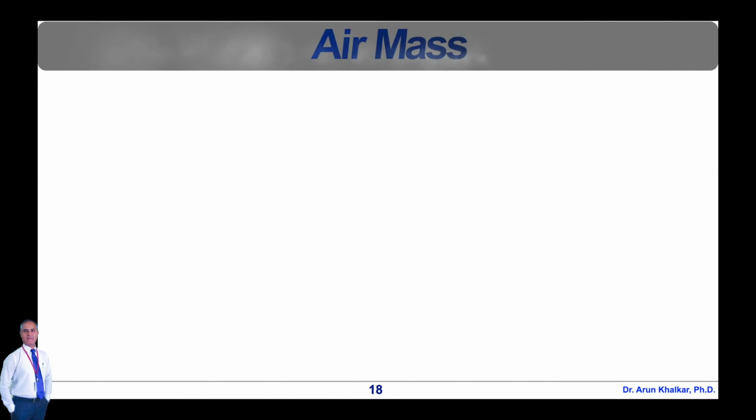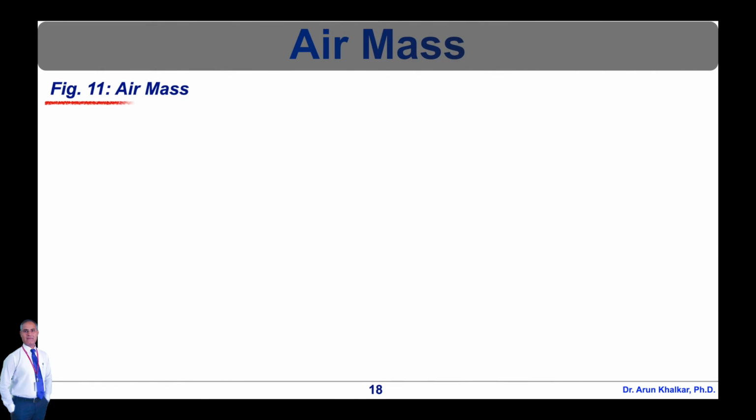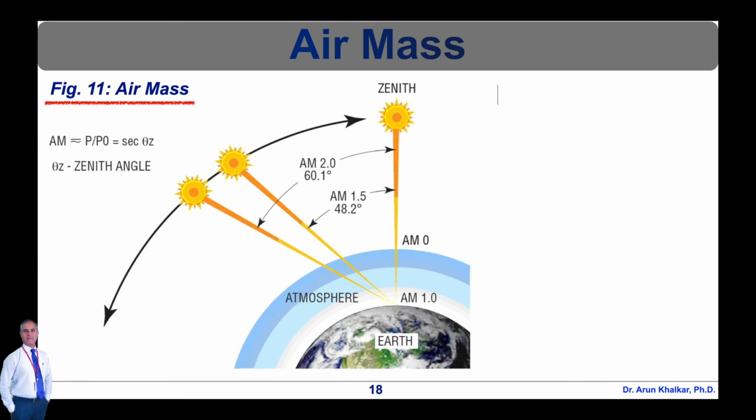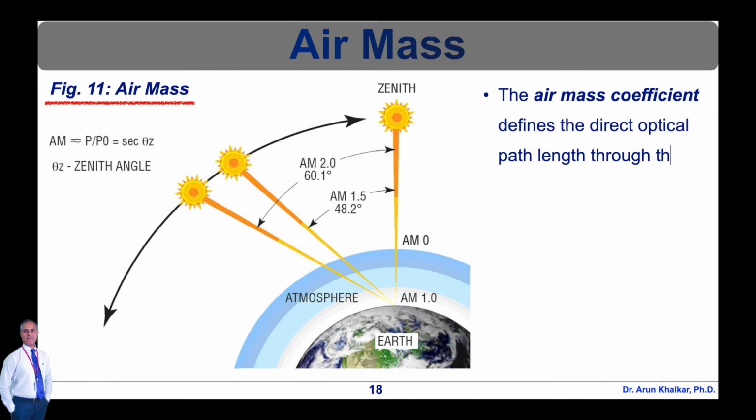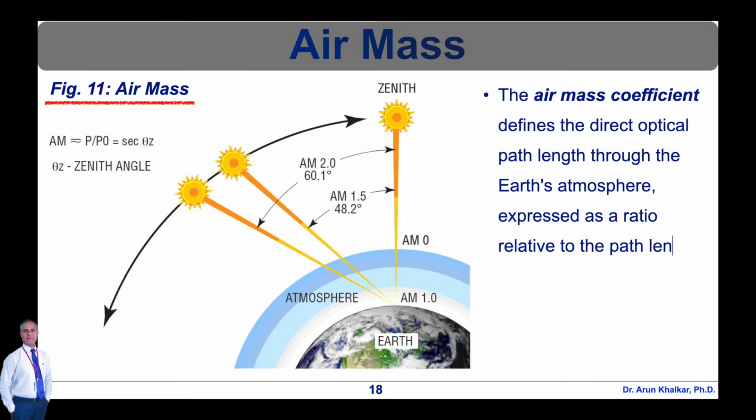Now let's see what is air mass. The air mass coefficient defines the direct optical path length through the Earth's atmosphere, expressed as a ratio relative to the path length vertically upwards, that is at the zenith angle. The air mass coefficient can be used to help characterize the solar spectrum after solar radiation has traveled through the atmosphere. The air mass with different angles is shown in this diagram.